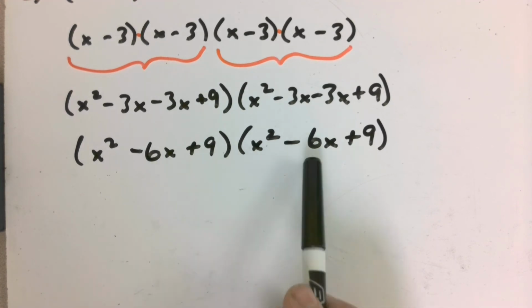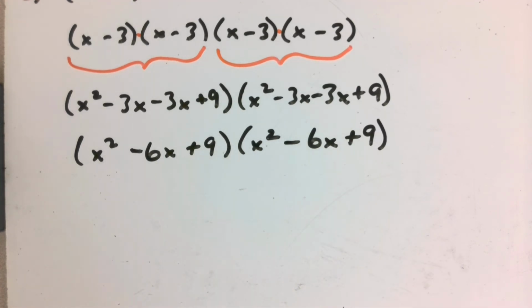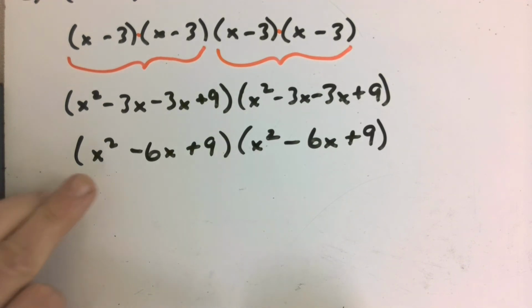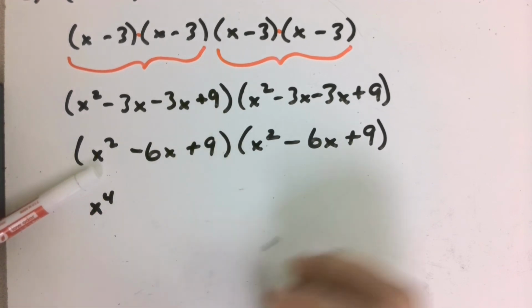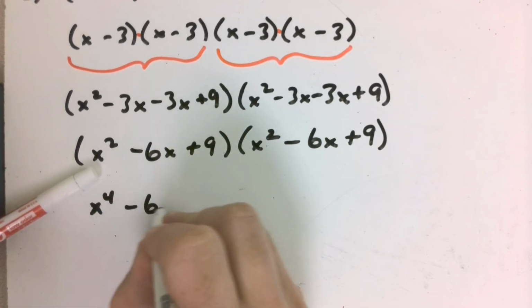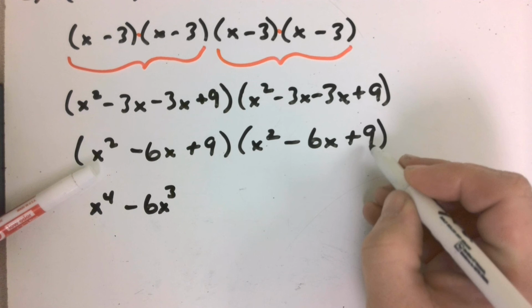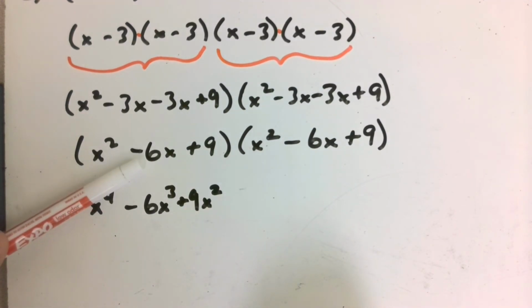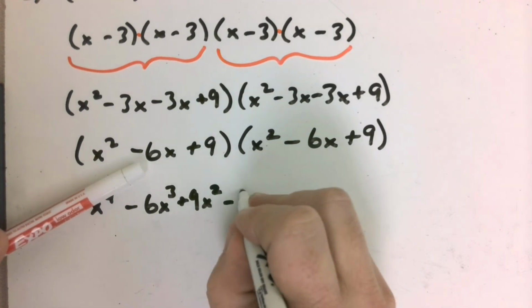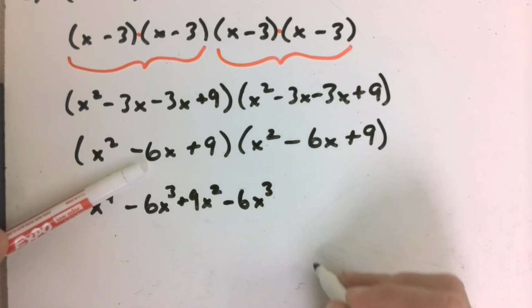Now we have a trinomial times a trinomial. So distributive property again. x² times x² is x⁴. x² times −6x is a negative 6x³. And x² times 9 is 9x². Negative 6 next. Negative 6x times our x² would be a minus 6x³.